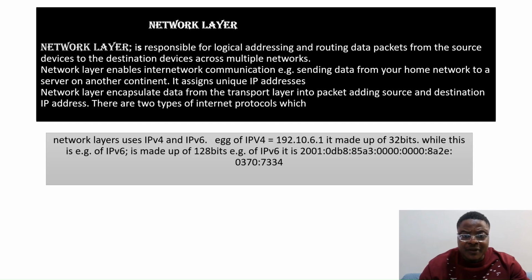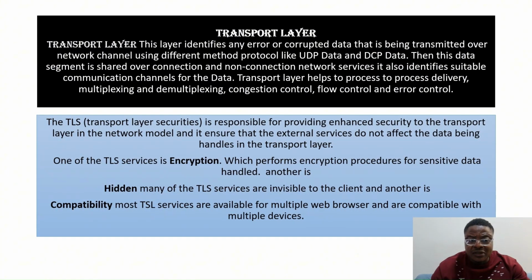The transport layer is the next layer we are going to discuss now. This layer identifies any errors or corrupted data being transmitted over the network channel using different protocols like UDP and TCP.